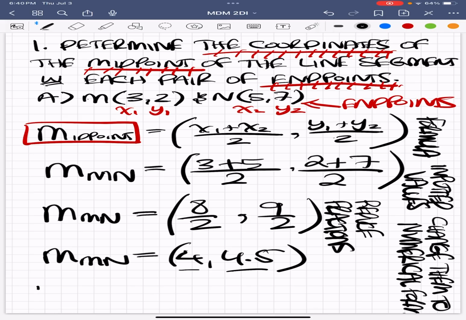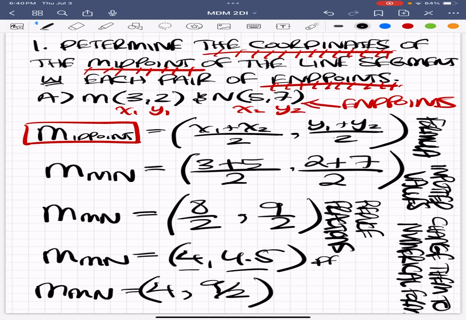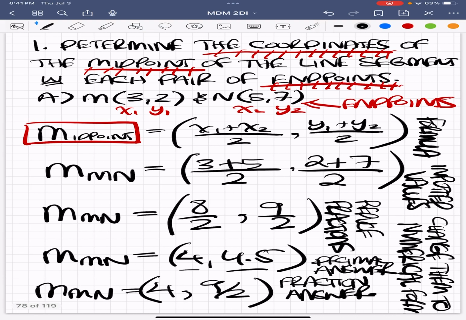Or what you could do is you could mix them together, because if you don't like decimals, then you can just leave the second one as a fraction. So it's the decimal midpoint calculated, and then it's the fraction answer. And then we need a therefore statement, right away, so we're just going to squeeze that in over here on the side.